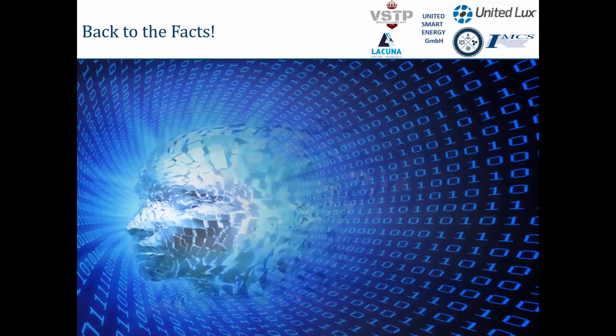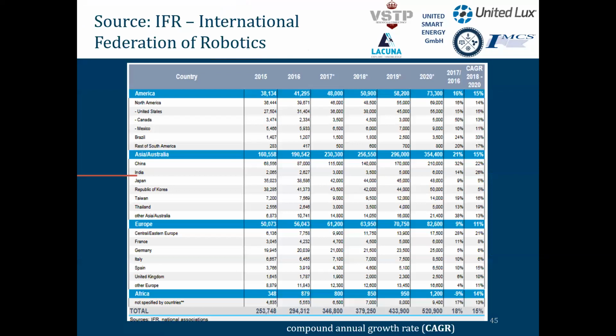Now here are the numbers of new robots which are newly installed every year in the different countries. In India we see 6,000 in 2020 prognosticated. The figures we have are usually more than one year old.